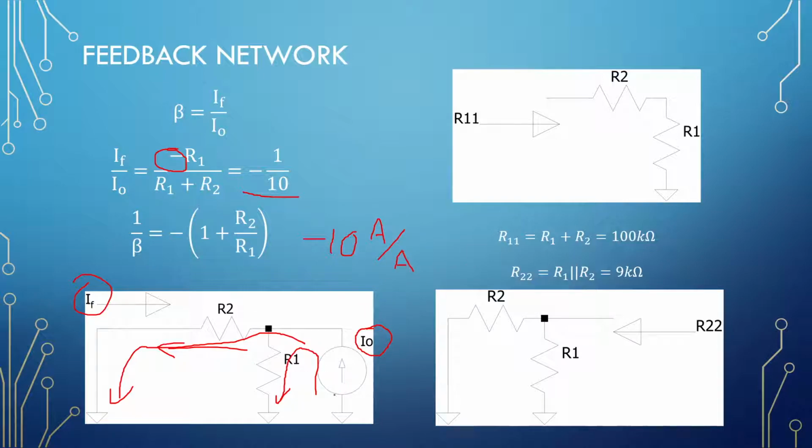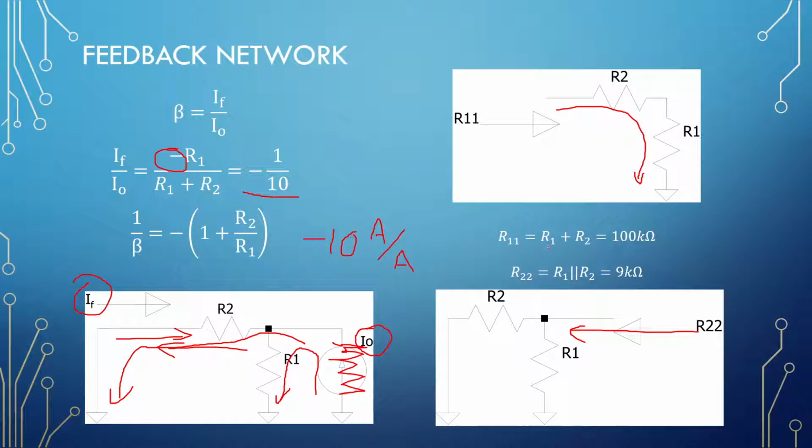Next, leaving this current source as an open circuit, looking into the amplifier in this direction, we see R2 in series with R1, and leaving this a short circuit, looking into the beta network from this side, we see R2 in parallel with R1.